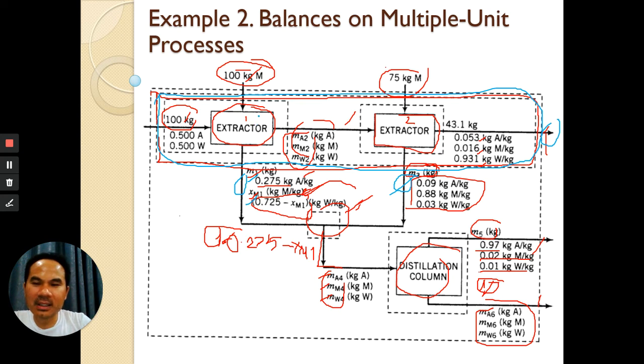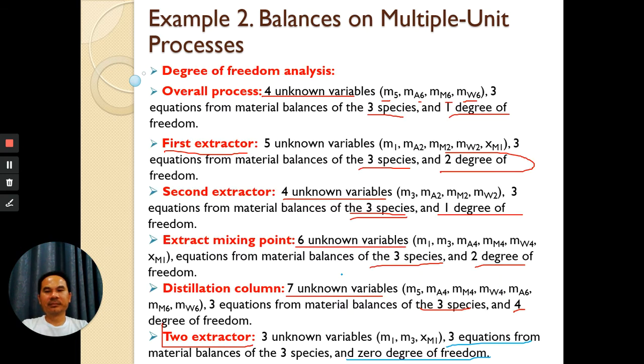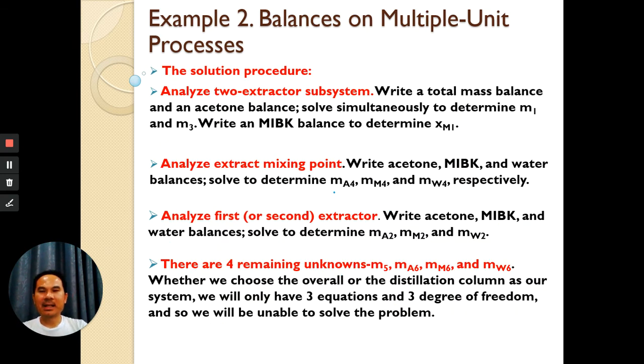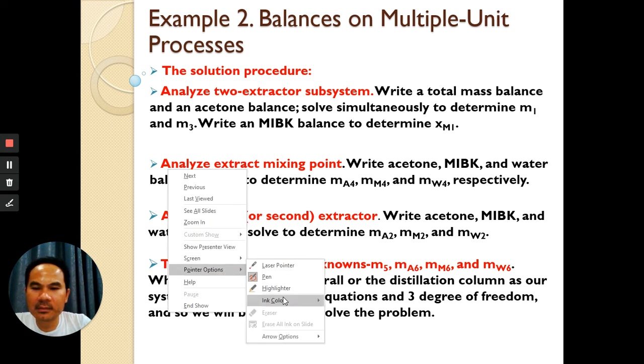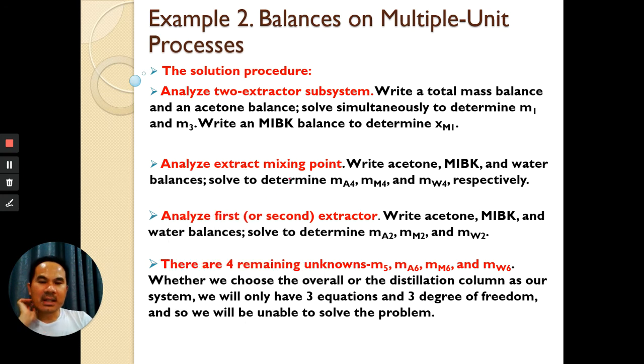If you balance around extractor 1, you know M1 and XM1, so there are only 3 unknowns and 3 balances, and you can solve. Also, at the mixing point, you know M1, XM1, and M3, so you can balance and solve. For this case, you balance the 2 extractors first, and then balance the mixing.